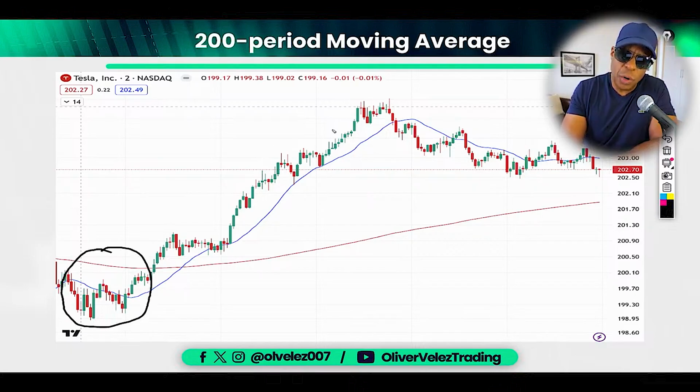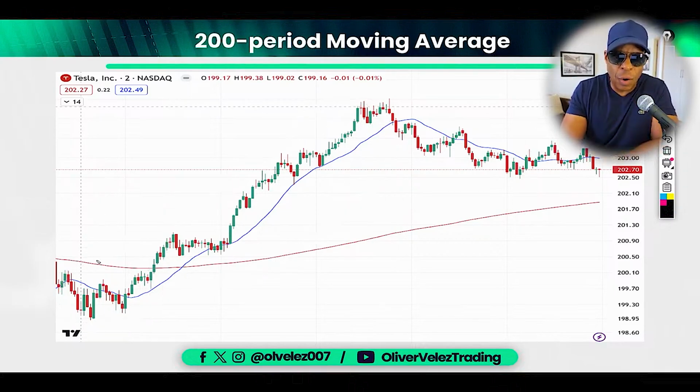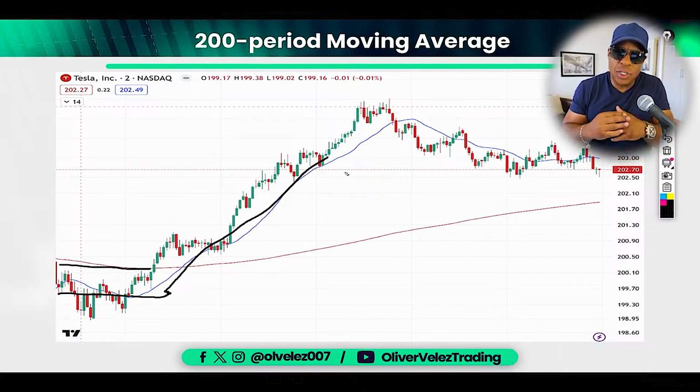I want you to note that in the middle of the chart, you have the trending portion. This is the non-trending portion, and then you have the trending portion. I want you to notice how the flatness or the waviness of the 20 stops being so and starts to rise, and it starts to separate itself away from the 200-period moving average. All right?